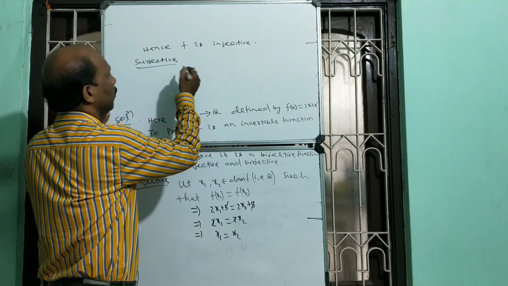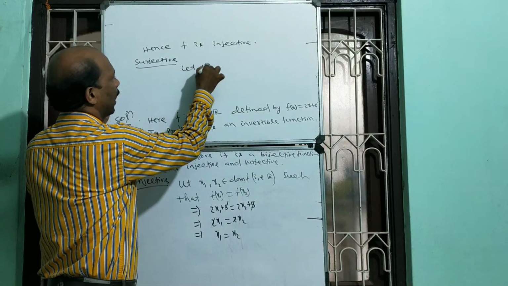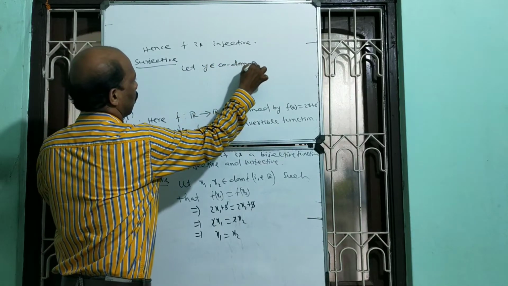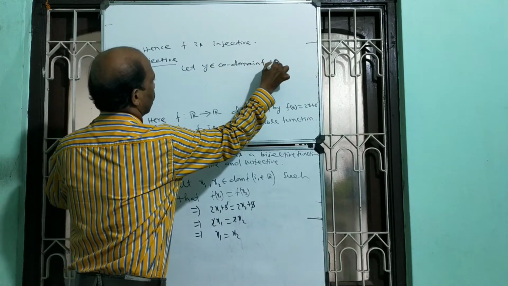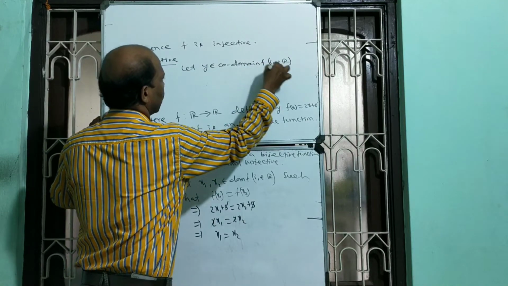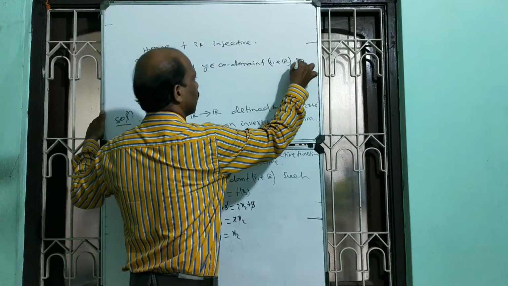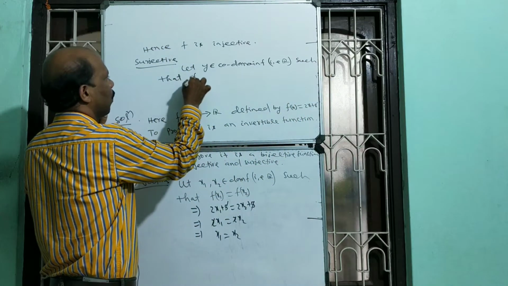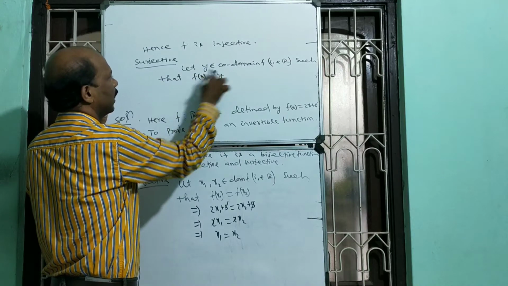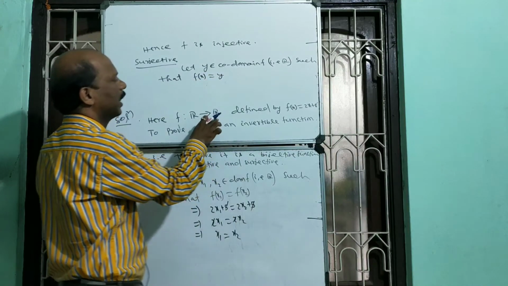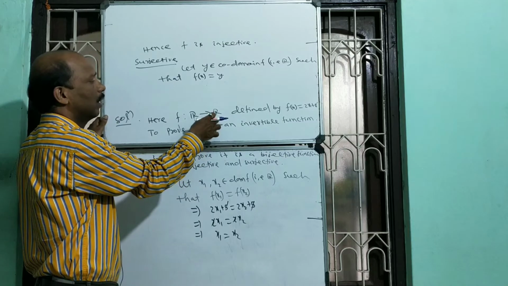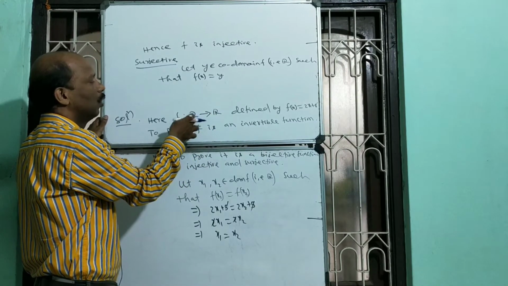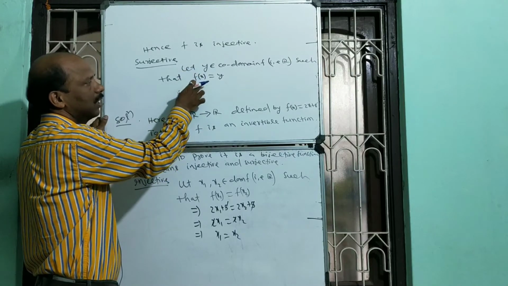Let y belong to the codomain of f, that is R here, such that f of x is equal to y. Randomly we take an element y from the codomain, let its pre-image be x which is in the domain. We'll search for that x in terms of y.